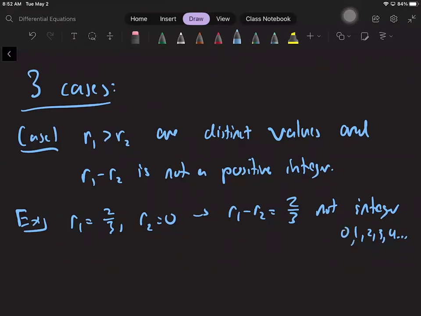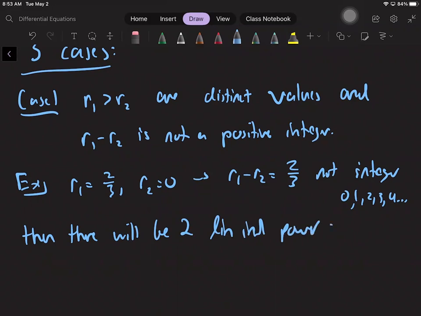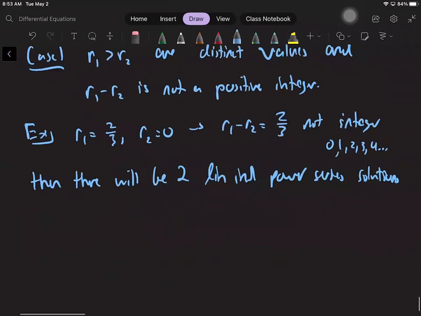Okay, so if it's not a positive integer, then there will be two linearly independent power series solutions. That's like the examples we did. So you get your two power series solutions, and your general solution just looks like the linear combination of them.